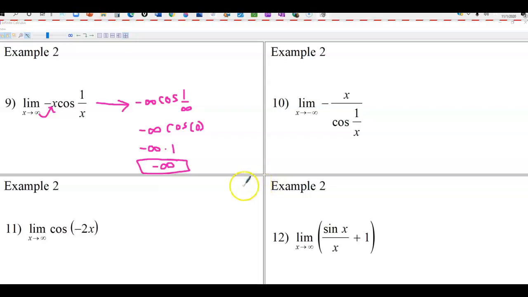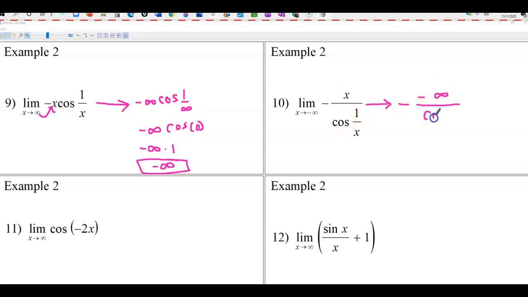Okay? Go ahead and take a look at number 10 here. We have, let's do our direct substitution. I'm going to use arrows because we're not sure if these are going to be defined answers, like we actually get a limit. It may be undefined, so we just want to make sure that we use arrows instead of limits or equal signs for now. So I'm going to plug this in. We have a negative in front of the entire fraction, first of all. And if I replace x with a negative infinity, get that.